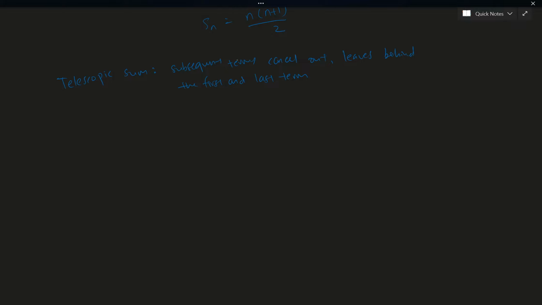We can look at this formula, i plus 1 squared minus i squared. We know this equals i squared plus 2i plus 1 minus i squared. The i squared will cancel out, leaving us with 2i plus 1.